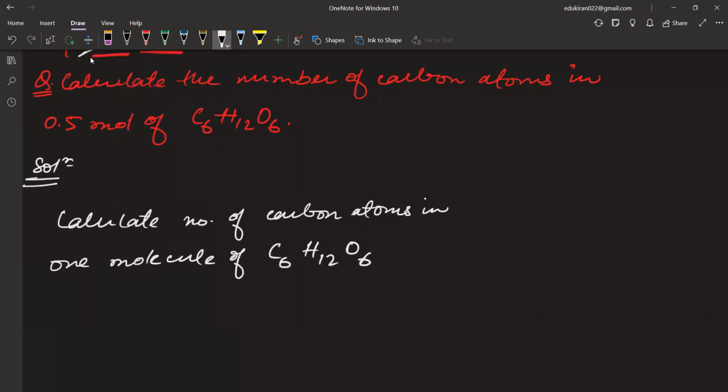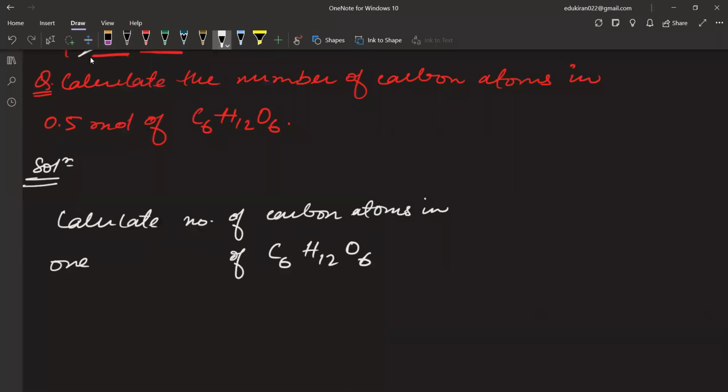If I have one molecule of C6H12O6, how many carbon atoms are in it? Please tell me. Aisha, Iram, Fahad, Fatima. Sir, 6. All of you can answer. Yes, 6.